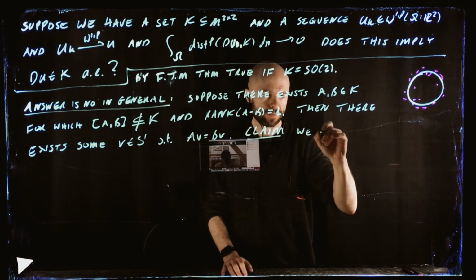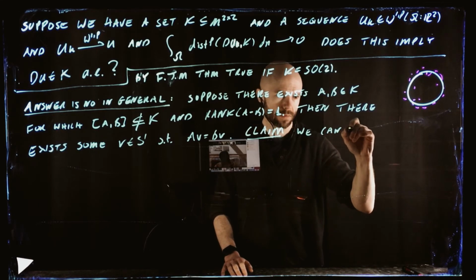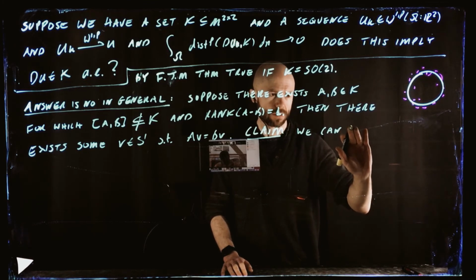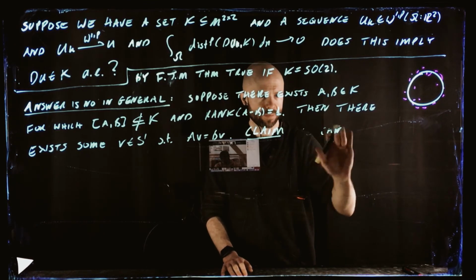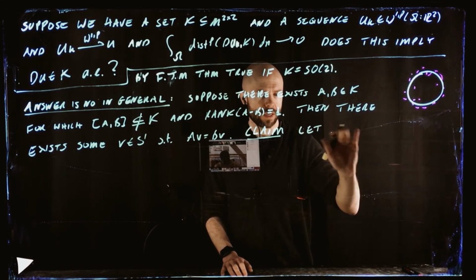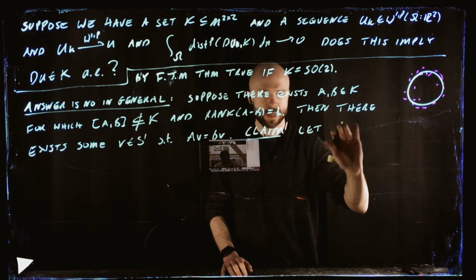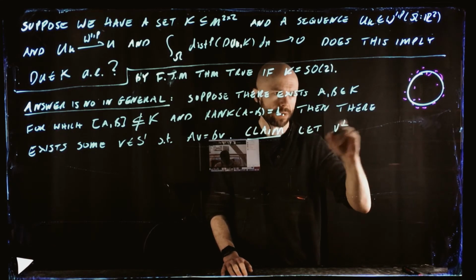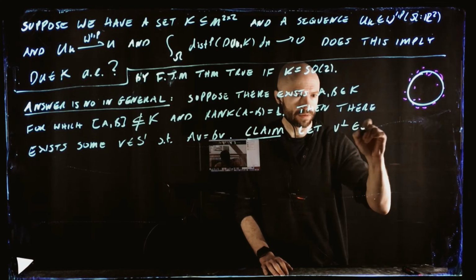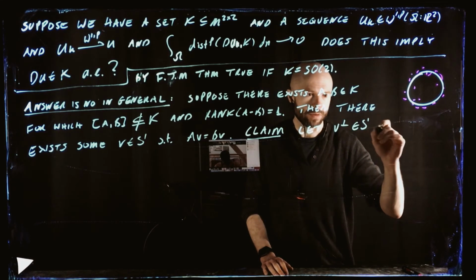We can define, how should I express this? So claim: let V perp be the orthogonal vector to V, or one of them.